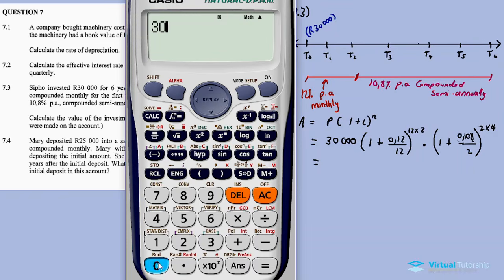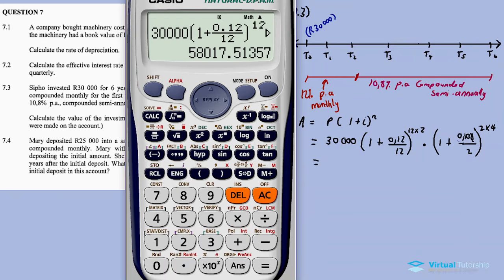It's 30,000 open bracket 1 plus 0.12 divided by 12, raised to exponent 12 times 2, times 1 plus 0.108 divided by 2, not 12, raised to exponent 2 times 4.